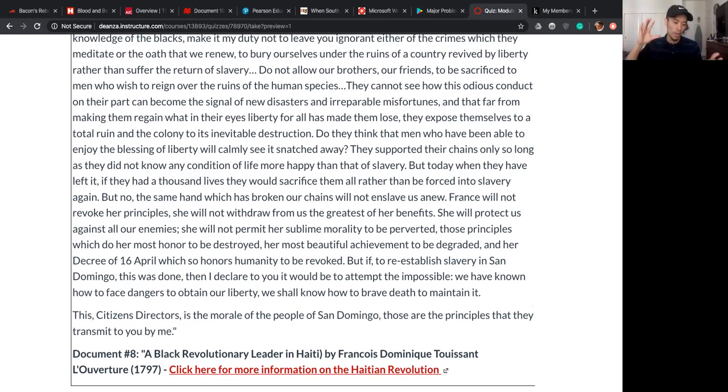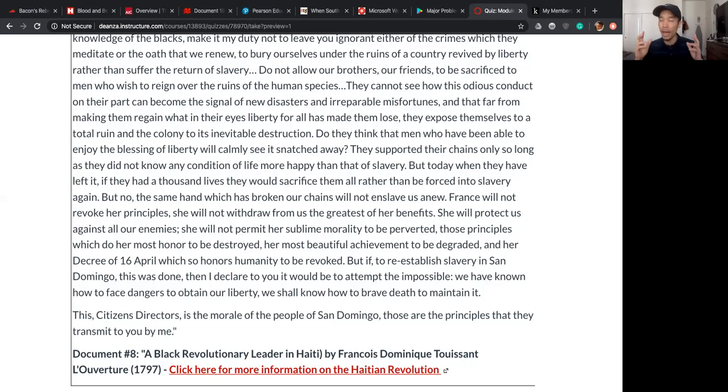And figure out what part of the document you see Enlightenment ideals in, and also what part of each document maybe complicates how maybe it wasn't the Enlightenment that sparked and caused the revolution after all.